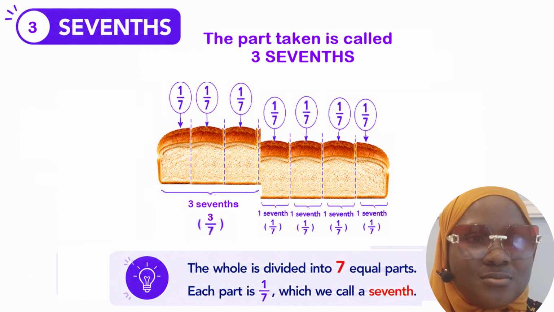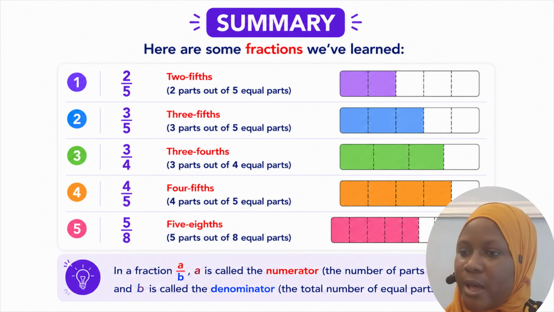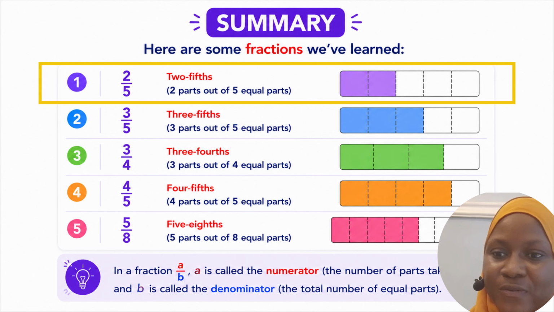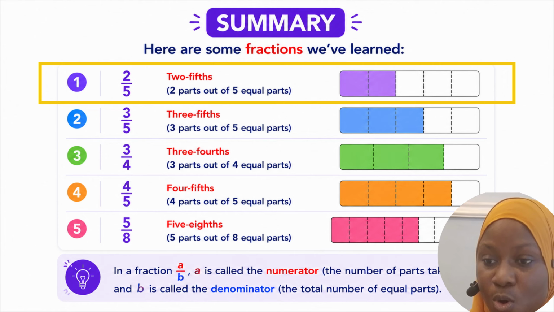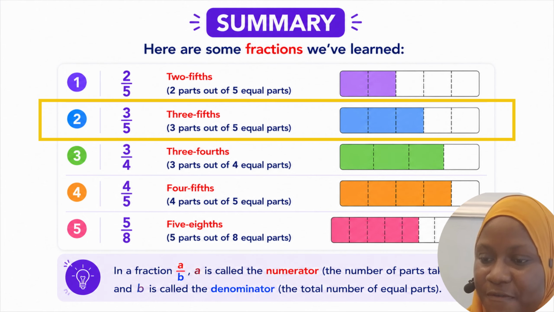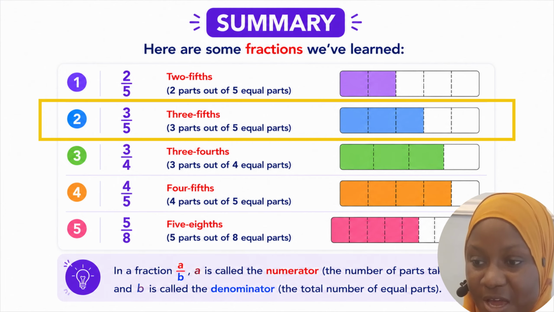So, summarizing what we have, 2 over 5 means you have divided the whole into 5 equal parts and you took 2 pieces. 3 over 5 means you have divided something equally into 5 pieces and you've taken 3 pieces out of the 5 pieces.